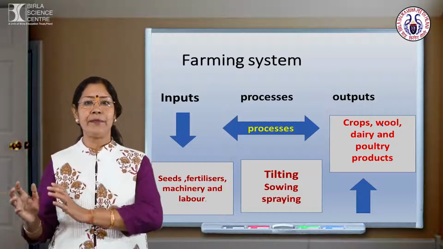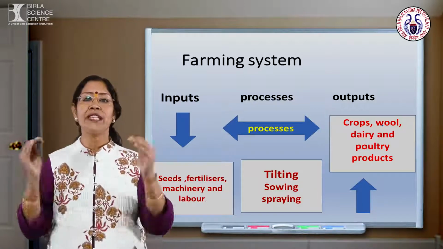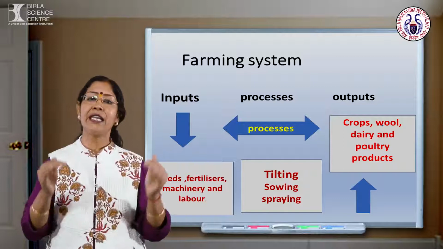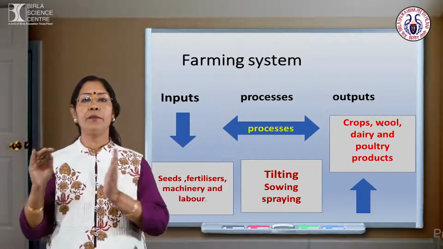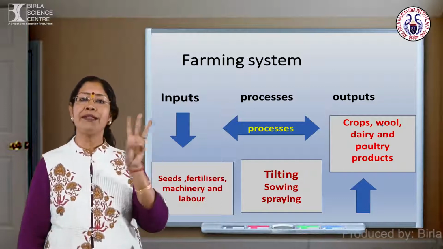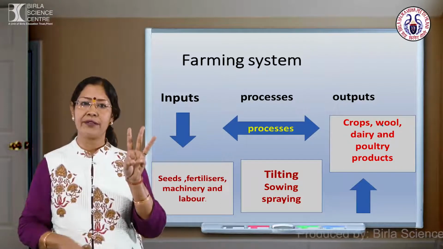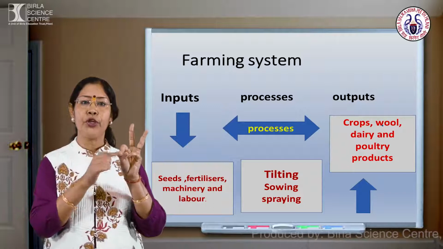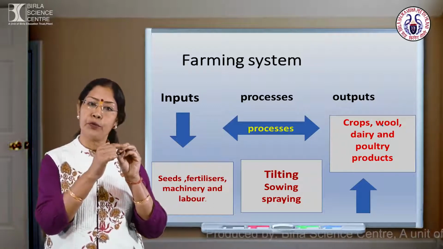Farming is a system in which various inputs and processes are involved to obtain production. In the simplest way, remember the farming system has three components. They are input, process and output.